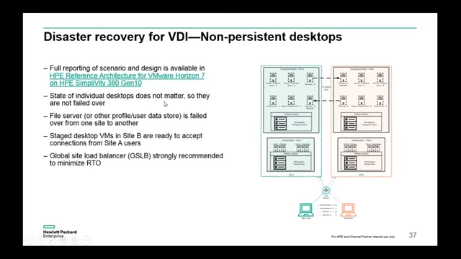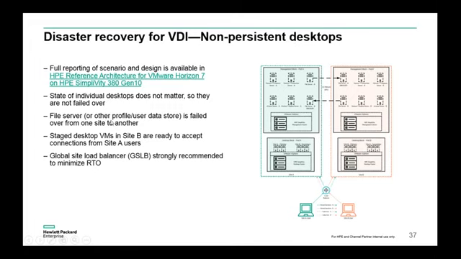The state of individual desktop does not matter, so they are not failed over. You can see site A and site B users, the pool A, the management block pool A, and management block pool B. So the state of individual desktop doesn't matter, so they are not failed over in the non-persistent desktop VDI.